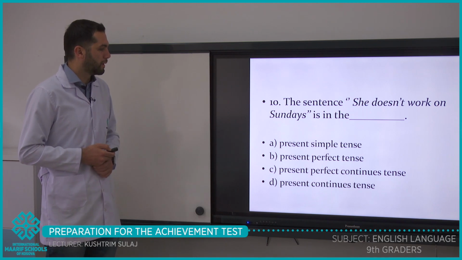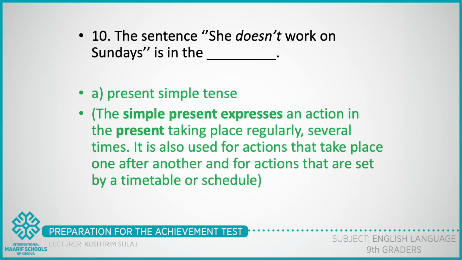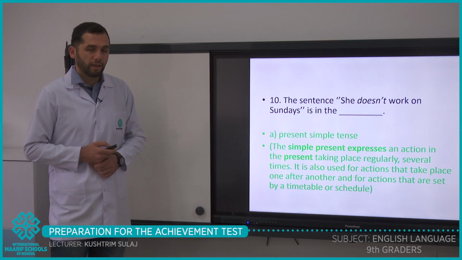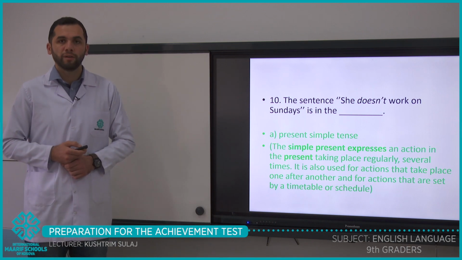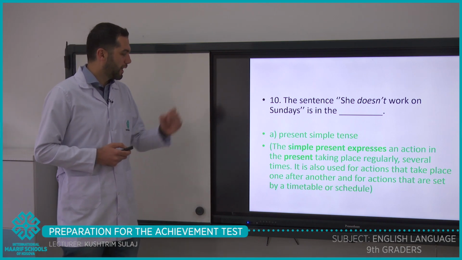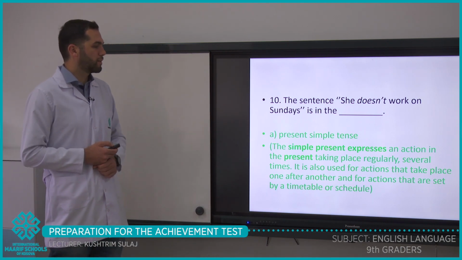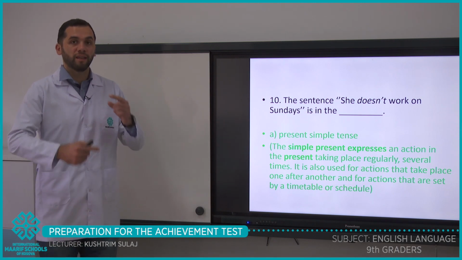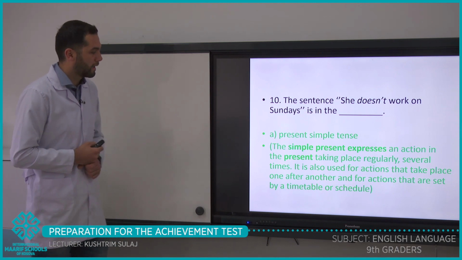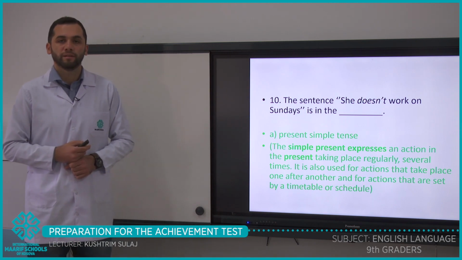As I said, this is present simple tense. And the sentence is in the negative form because you see doesn't there. Again, I'm repeating myself. The simple present or present simple expresses an action in the present taking place regularly several times. So everything that is repeated again and again is in the present simple.